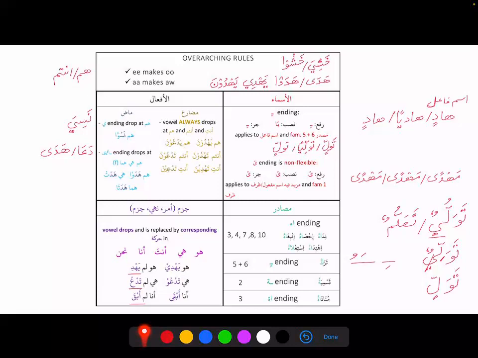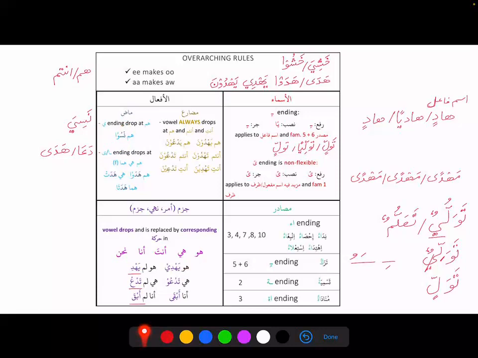So whenever we have a weak letter meeting with hum and antum, the plural wow, the wow of jama, that weak letter is going to be dropped. We won't be able to see the weak letter. So there are only two root letters over here, noon and seen. So hum becomes nasu.